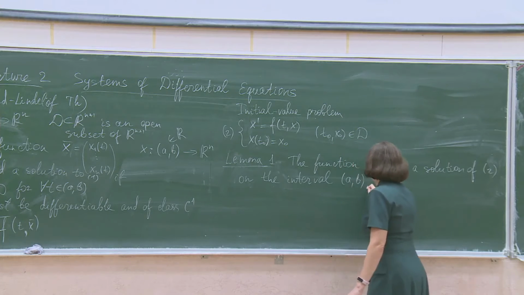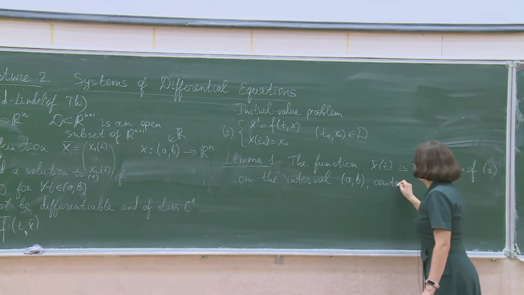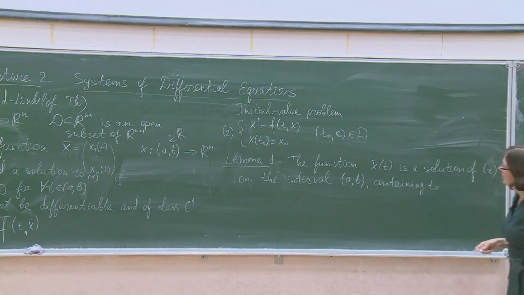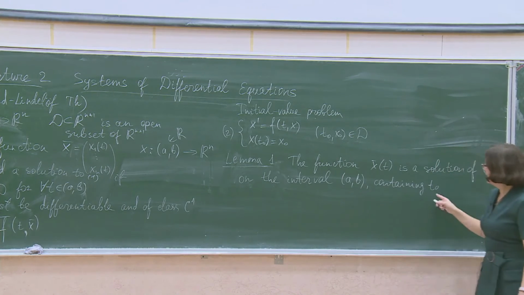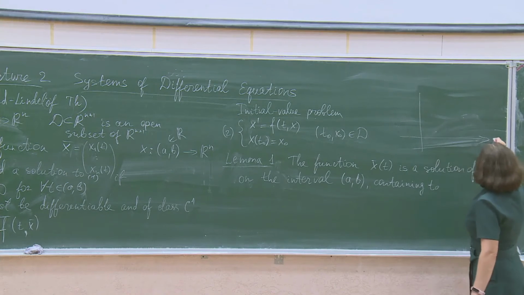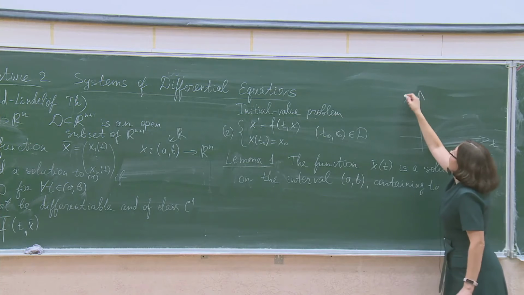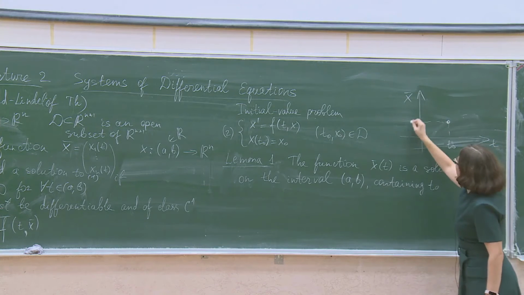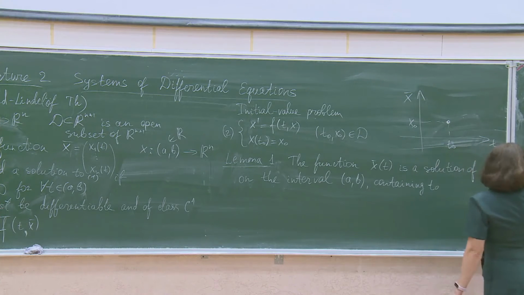A, B containing T0. So the interval containing T0. So this means that, given an initial value at T0, this is x0.